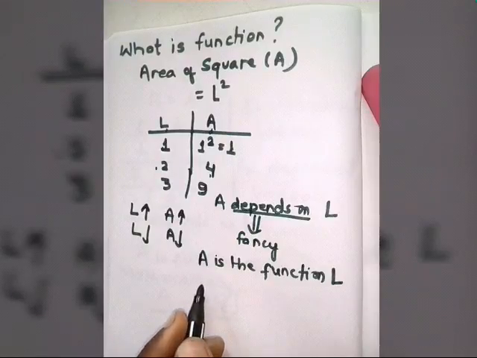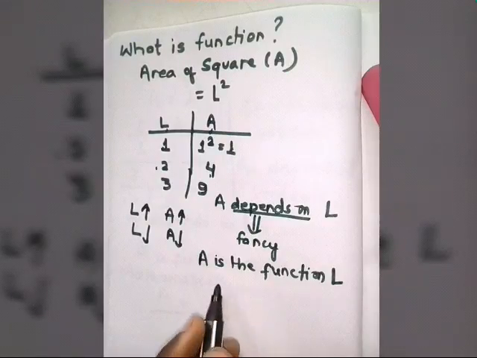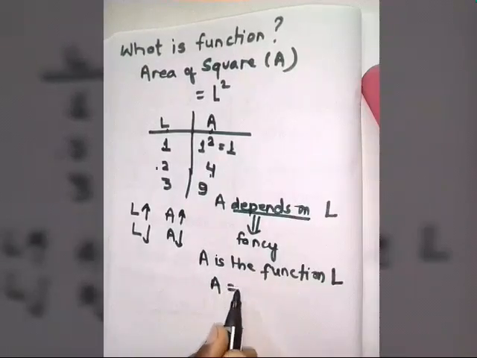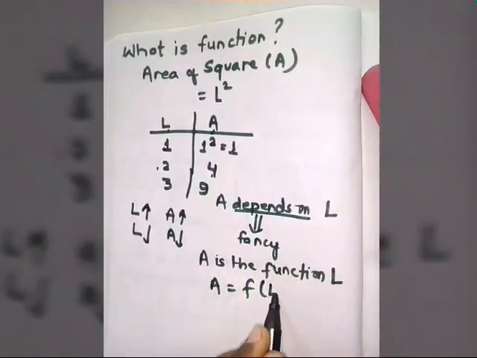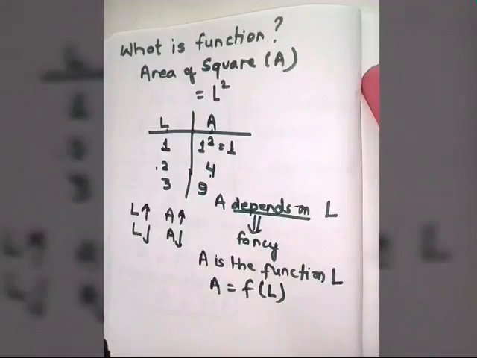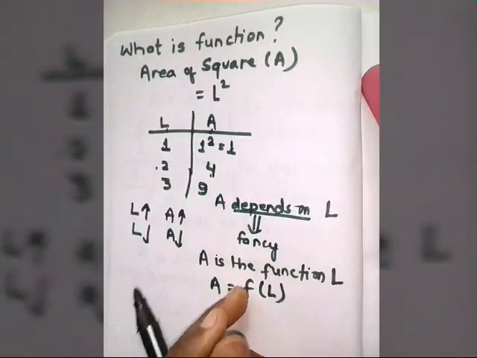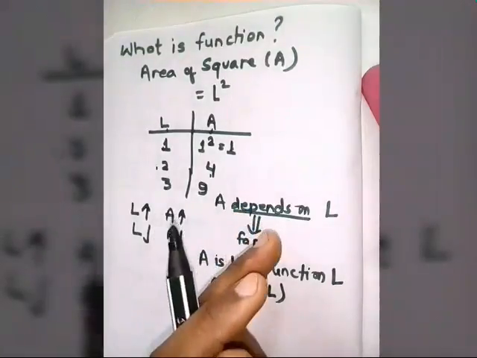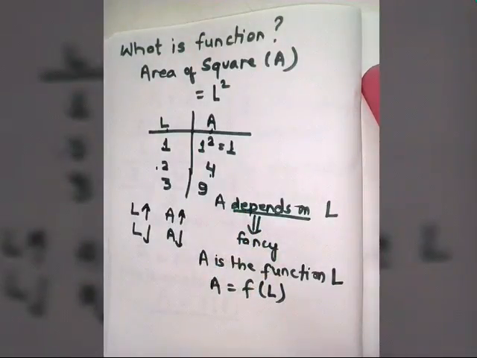Now if you write mathematically in a mathematical statement, we can write like this: A is the function of L. Now see, this could look a bit different, but there's nothing to it. It's a very simple way of saying that A depends on L. Okay, this is much more powerful, a much more condensed form, and to general people it will be confusing too.